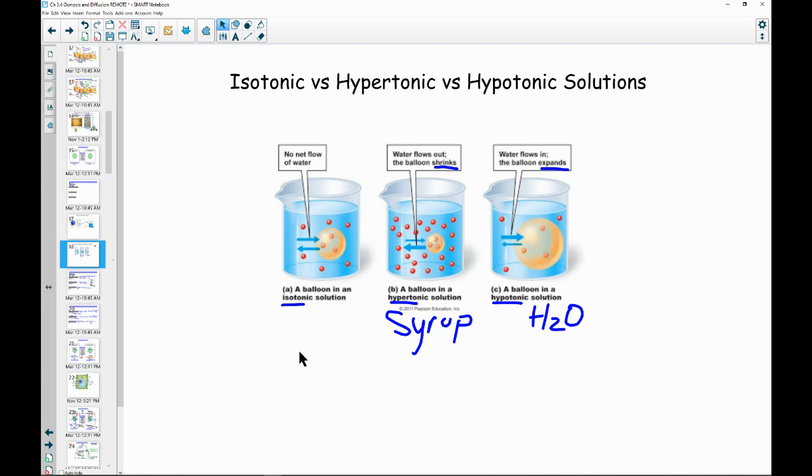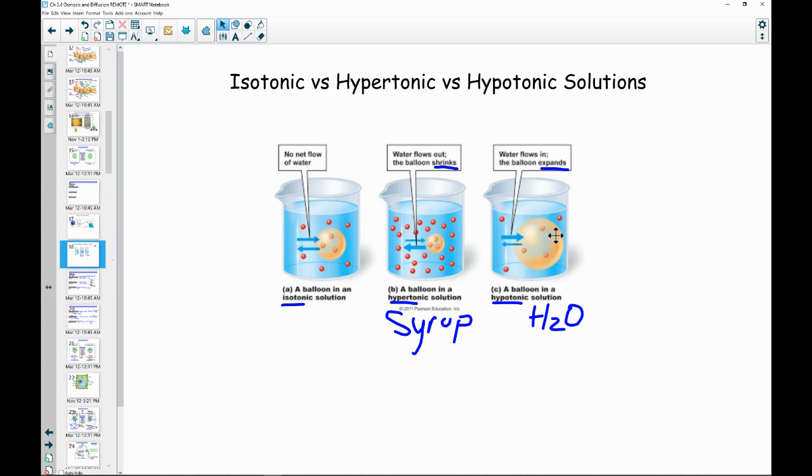So an example of this would be a single-celled organism living in a pond, which is just water. A lot of these will sometimes have what are known as contractile vacuoles, because as all that water is flowing into their cells, they need to get rid of it so they don't explode. And so these contractile vacuoles act like our kidneys, and they keep pumping the water back out again to maintain that balance.